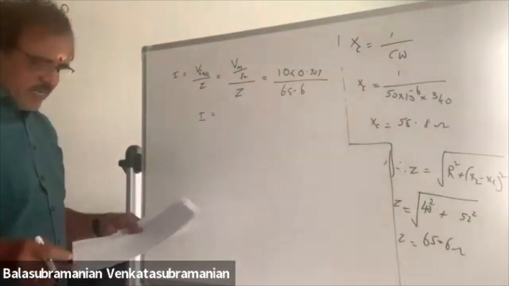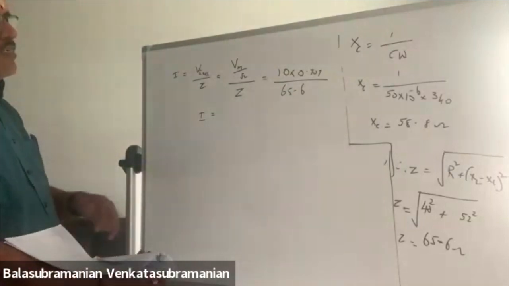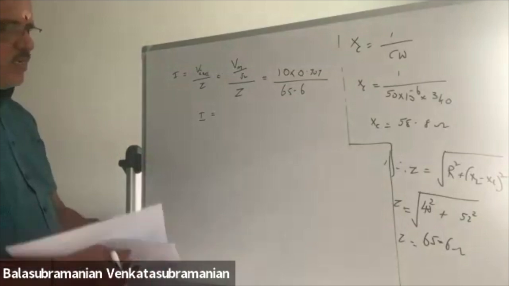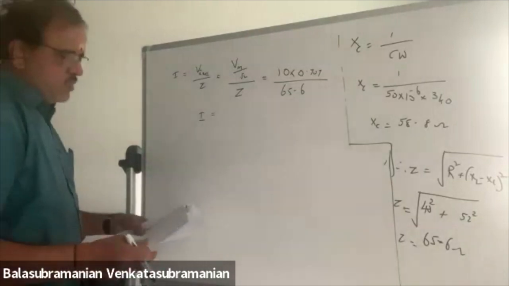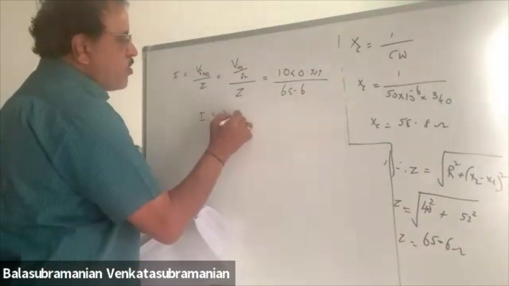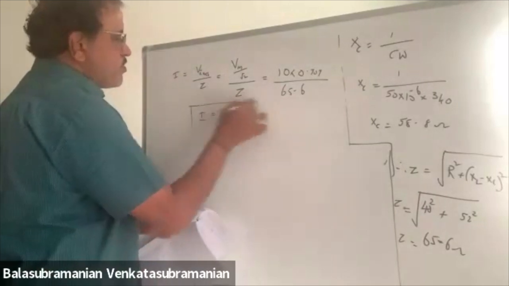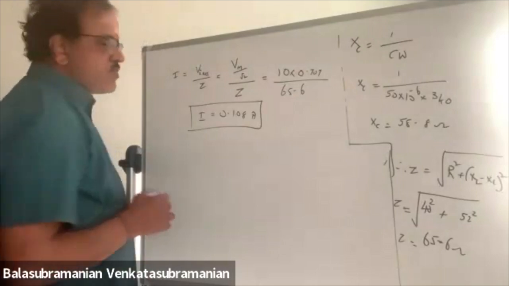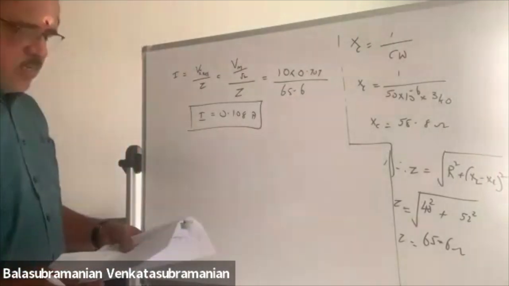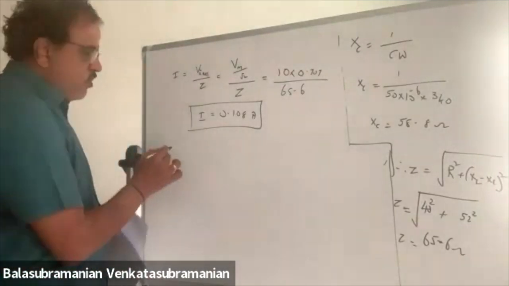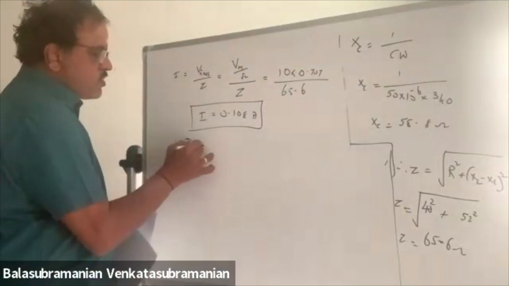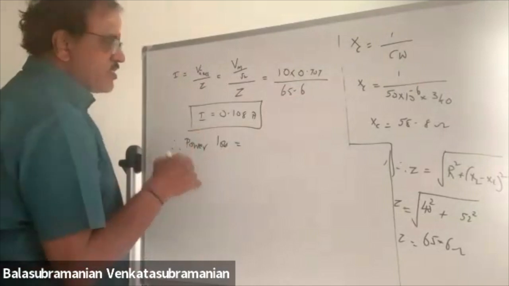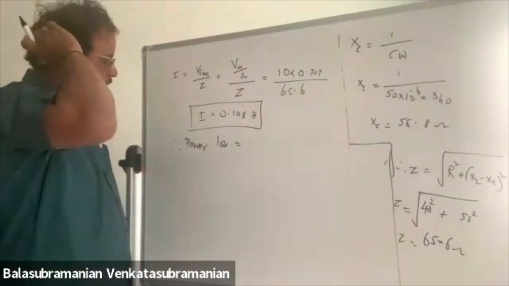So denominator is high, total value is small. 7.07 by 65.6, the answer is 0.108 ampere. Simple. See how many factors you are calculating: XL, XC, current, impedance.